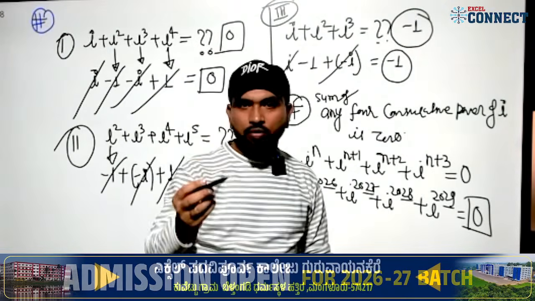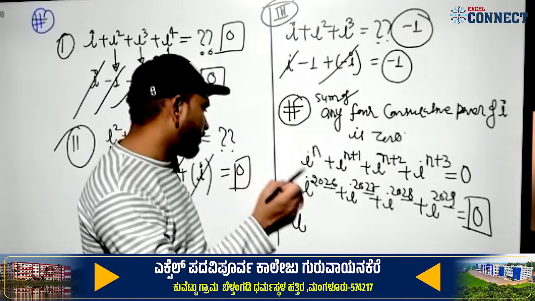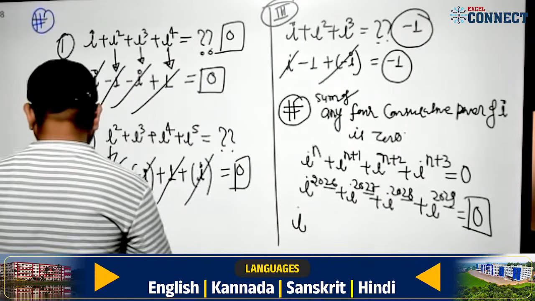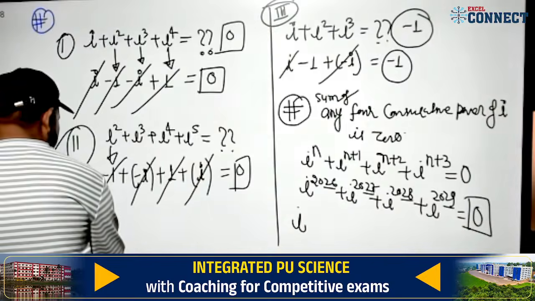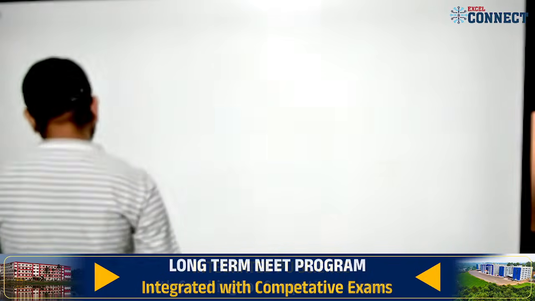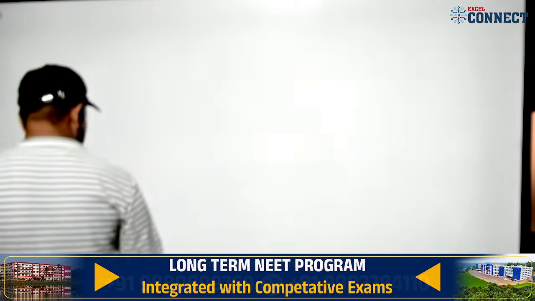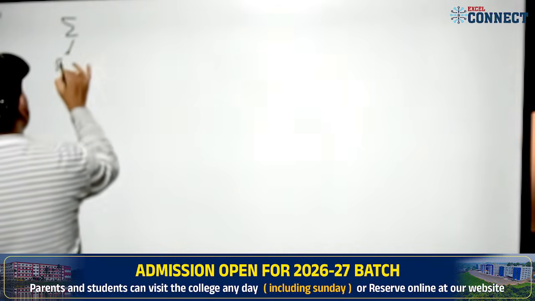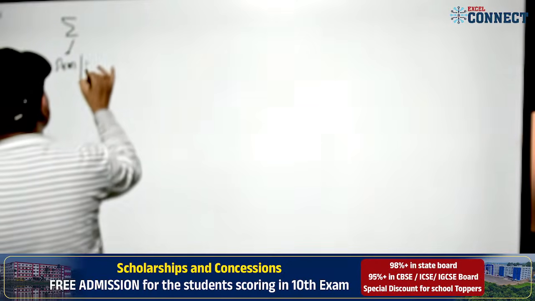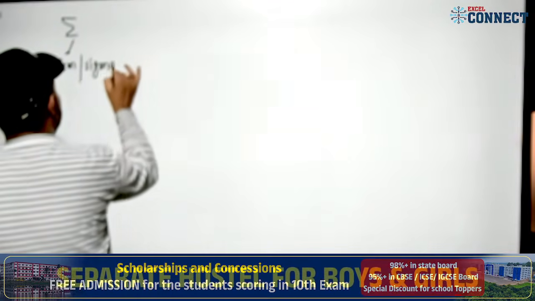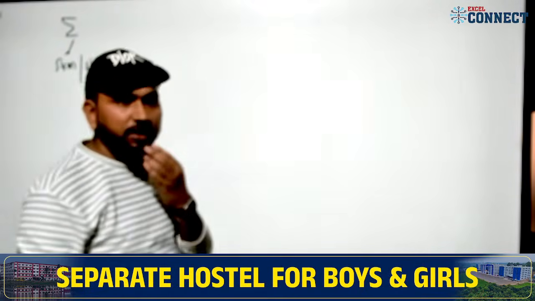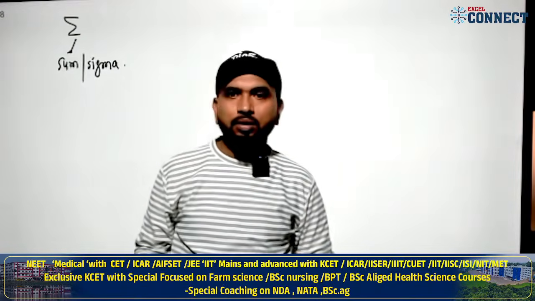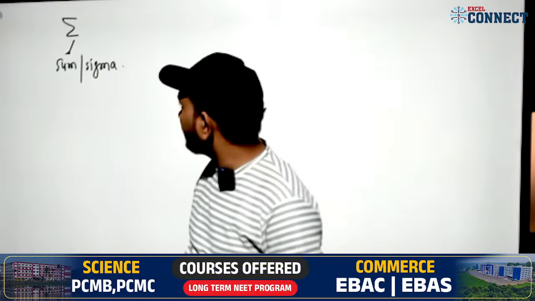I will tell you one different symbol. Maybe some people know it, some don't. One symbol is this: summation. Sometimes we say sigma. This symbol is the summation of sigma.